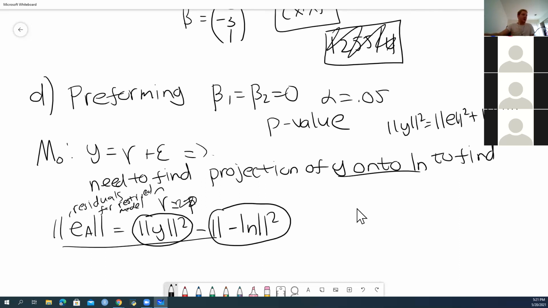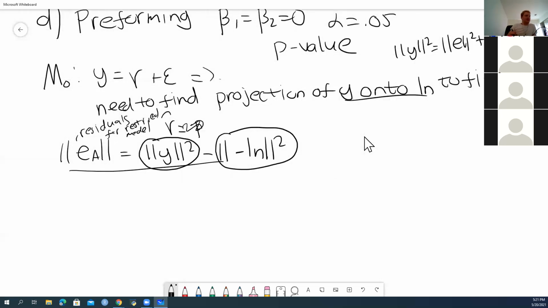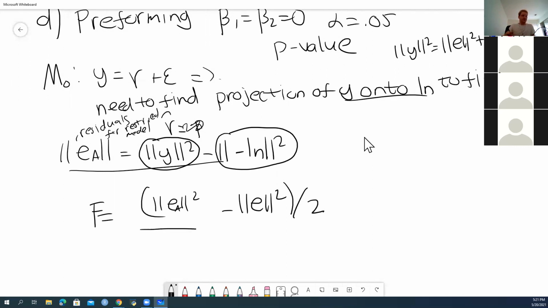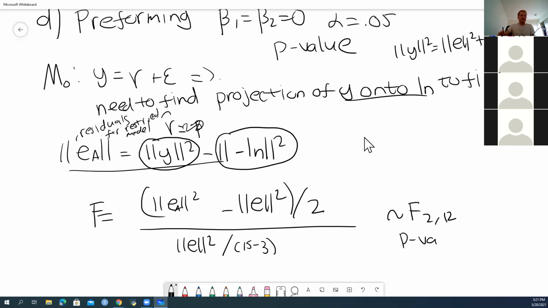I'm not going to get into exactly what it is, but what you end up finding is the F stat. I won't calculate this for you, but it's just this, A squared minus this, which we know, divided by 2, over this divided by 15, divided by 3. This is distributed as F of 2 comma 12, and so you can find the p-value that way.